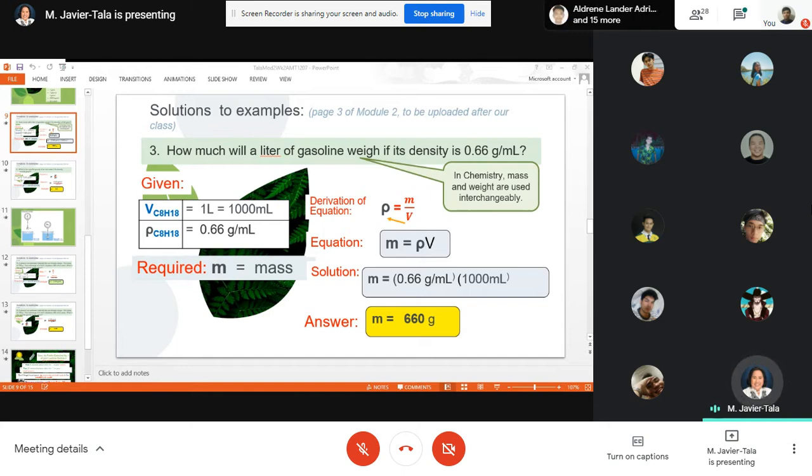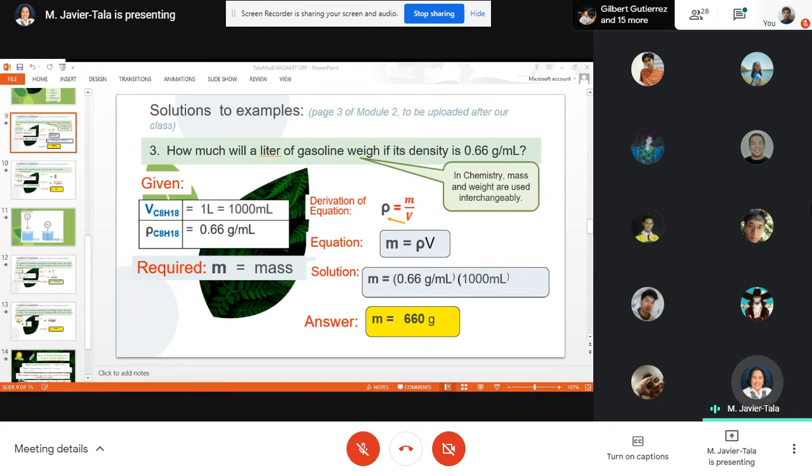You were given the density and volume of gasoline. Your volume, 1 liter, is equivalent to 1,000 ml. The density of gasoline, which is octane, is 0.66 gram per ml. This time, you are required to solve for mass, like what we did a while ago.